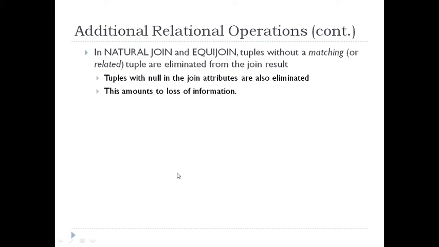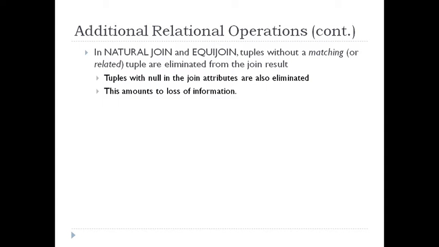Now the next is natural join and equijoin we have seen, but we'll go for outer join. In natural join and equijoin, based on the matching condition, it will take the tuples, and the non-matching tuples will be eliminated, or rejected.